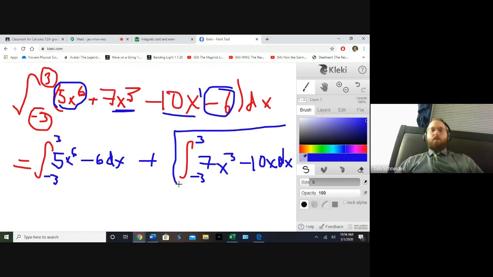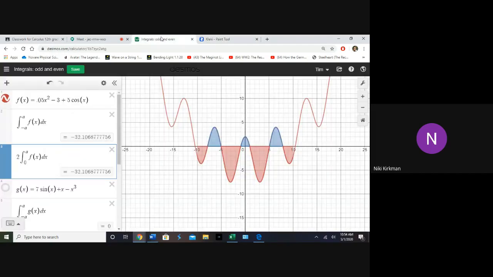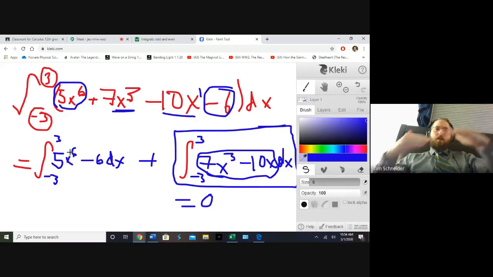Okay, now we have the integral from -3 to +3 of an odd function. So what is this equal to? Oh, 0. Remember, because with the odd ones, they're alternating.